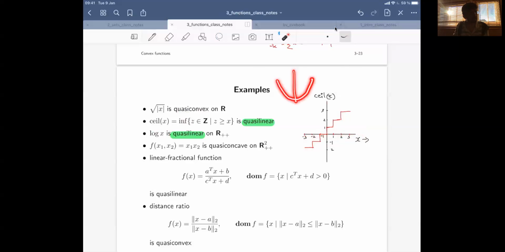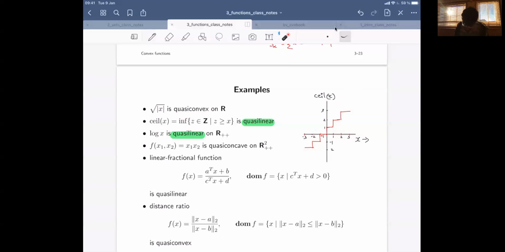It will be like a smooth stair. If you consider any alpha, it looks like quasi-linear.